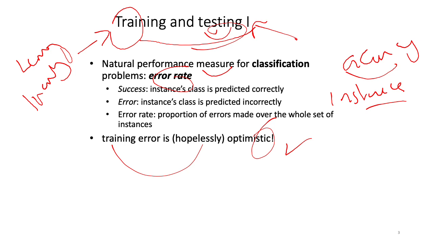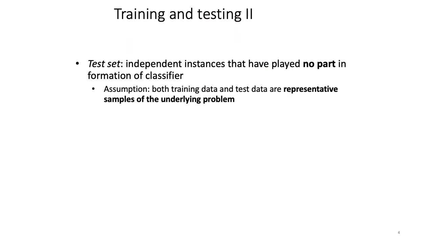And therefore the error rate is basically the number of incorrectly classified instances over the total number of instances that you have.